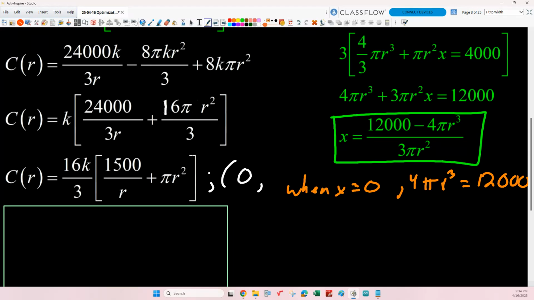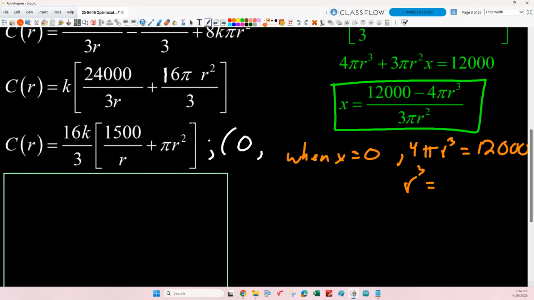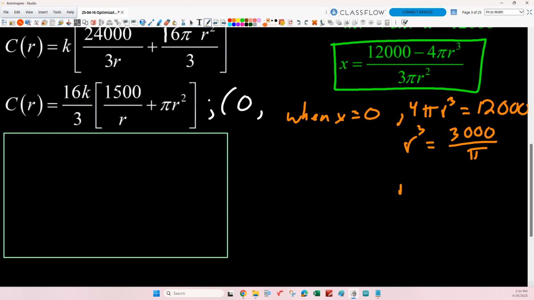And we would just solve for r. Divide by 4 pi. So r cubed would just equal 3,000 divided by pi. Everybody agree? The 12,000 over 4 just becomes a 3,000. They get a pi on the bottom. So r would just equal the cube root of that, the cube root of 3,000 over pi.